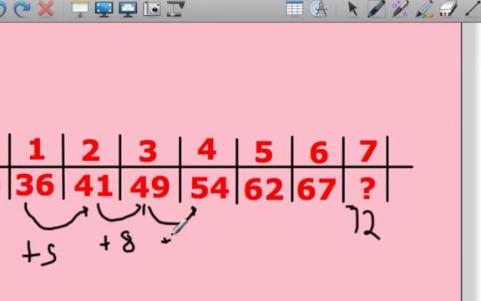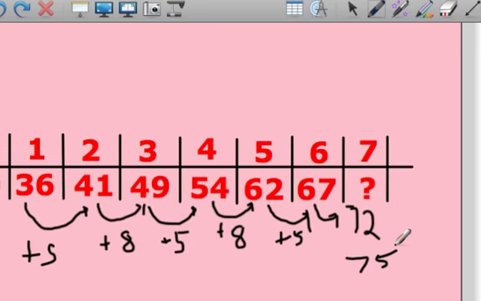And you're going to see in this sequence that it's going up by 5 and 8 every other time. So this would not be classified as an arithmetic sequence because it's not going up by the same amount each time. And as we'll see here, our answer of 72 won't work because we're supposed to add 8 right there. So this answer really should be 75. So we'll put that there, and we'll make that wrong.